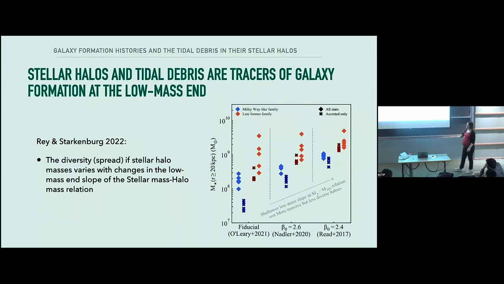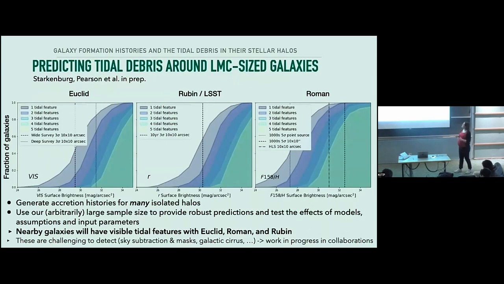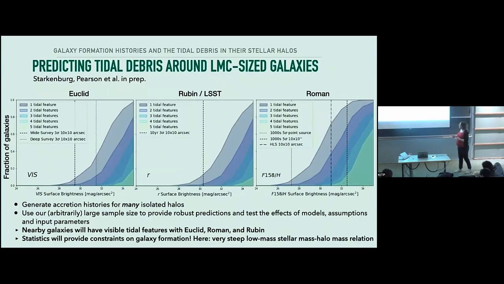And so similar to what Martin showed, here's actually that figure again, where if you change, in this case, the low mass slope of the stellar mass to halo mass relation, the diversity or the spread in the stellar halo masses changes. So I can do a similar thing in this case, and if I make this stellar mass to halo mass relation steeper, then you almost won't see any tidal features.